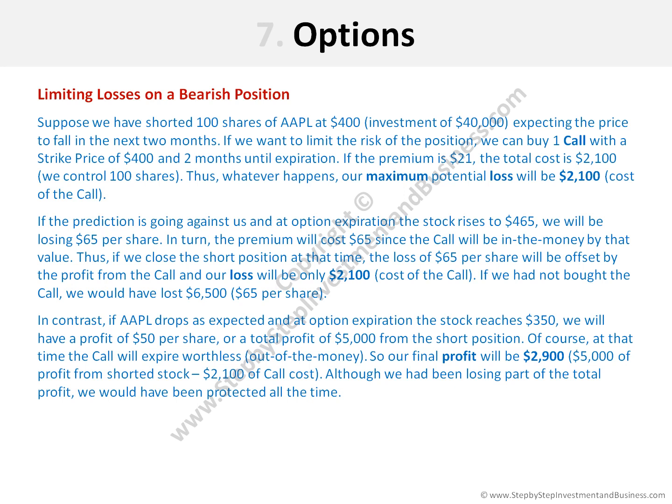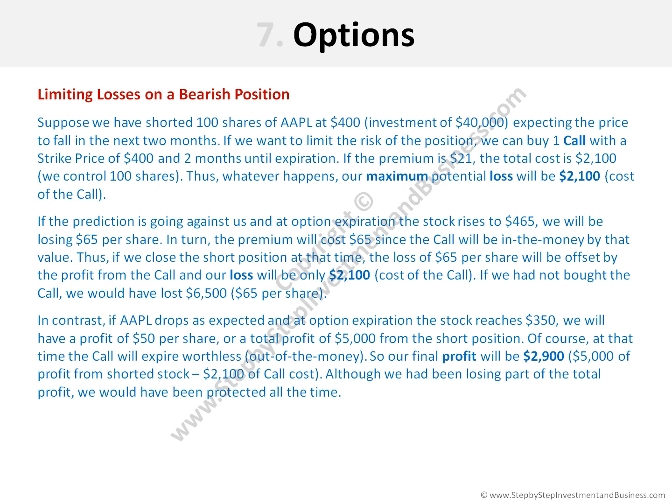Thus, if we close the short position at that time, the loss of $65 per share will be offset by the profit from the call, and our loss will be only $2,100, that is the cost of the call. If we had not bought the call, we would have lost $6,500, $65 per share.